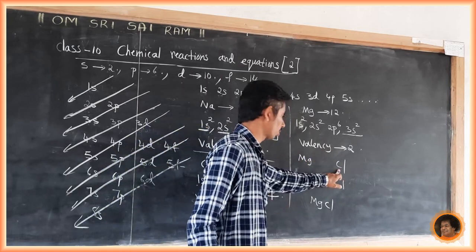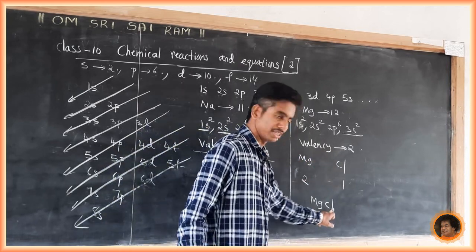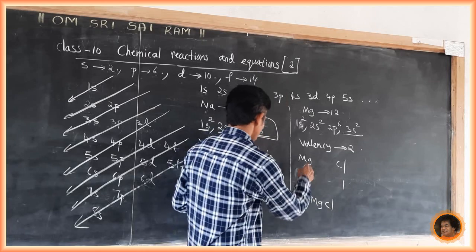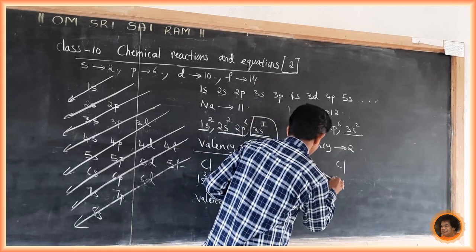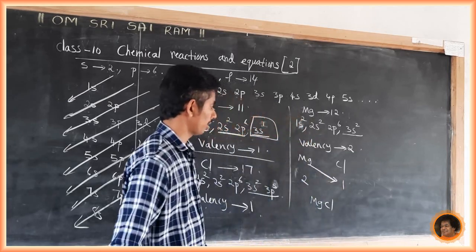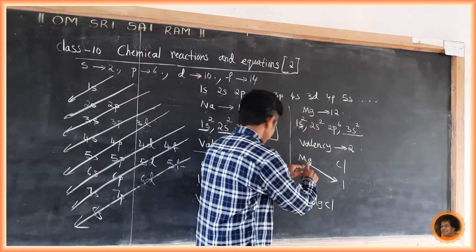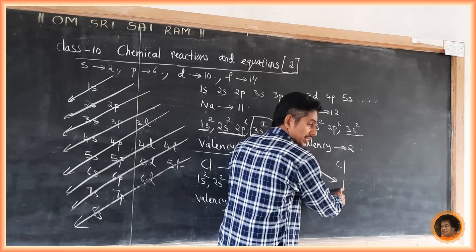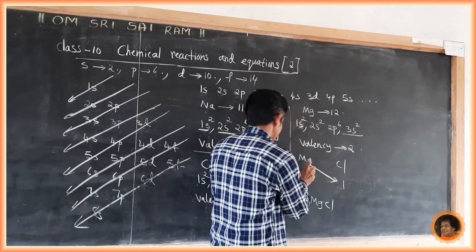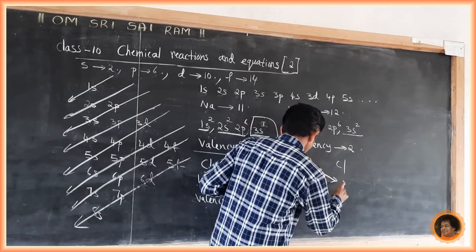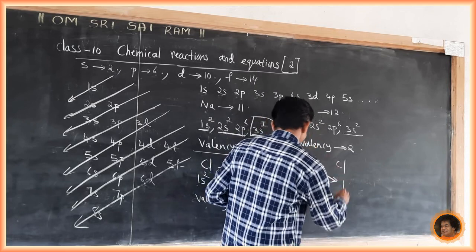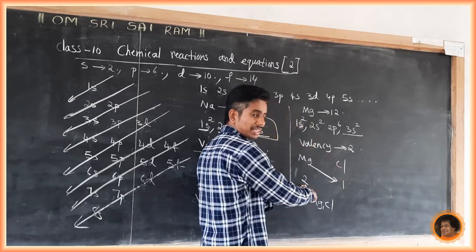Magnesium reacts with chlorine, it gives magnesium chloride. So, MgCl. How many atoms of magnesium are present in magnesium chloride? Write the valency of chlorine for magnesium. So, Mg1. For chlorine, write the valency of magnesium.